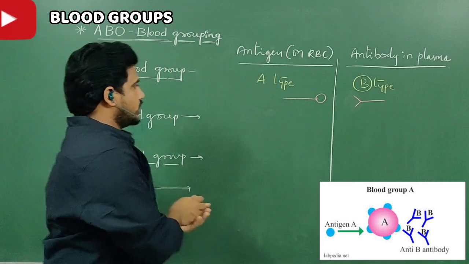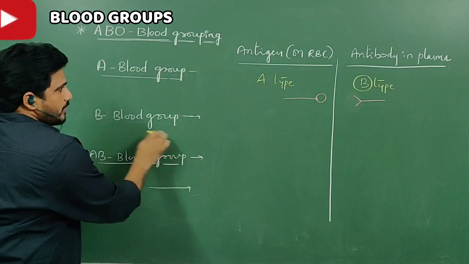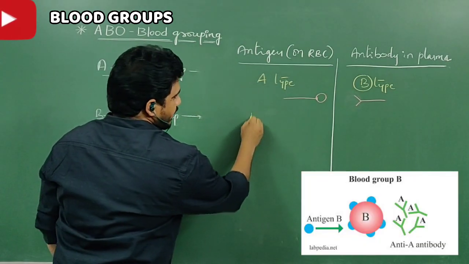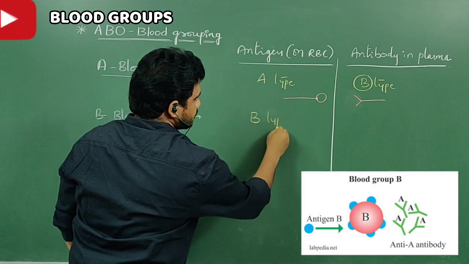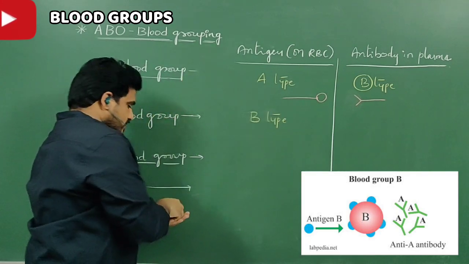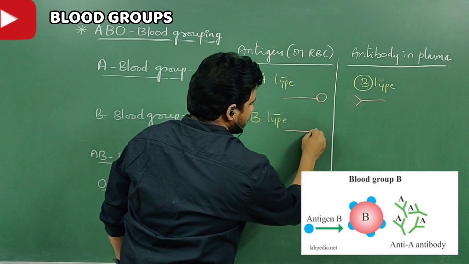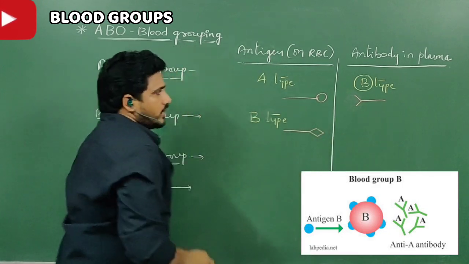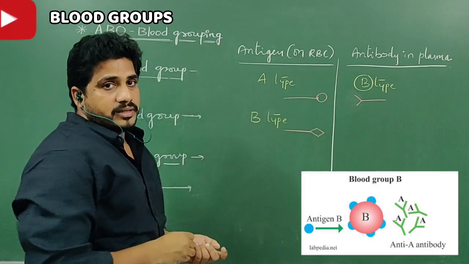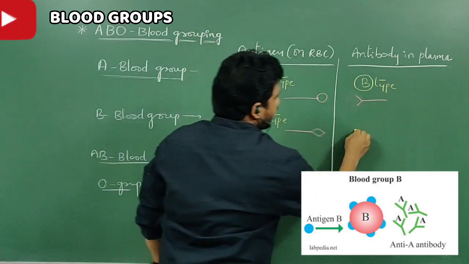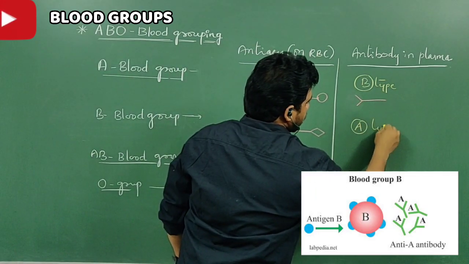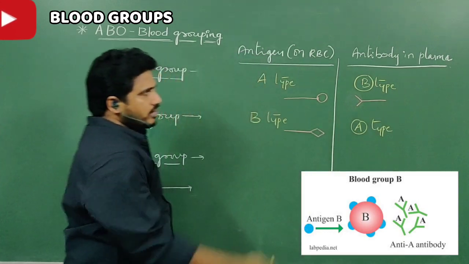Antigen. Now, in the case of a B blood group person, the type of antigen is B type. B type means what type? Like this. And what type of antibodies will be present in the B blood group person? A type. Where do the antibodies exist? In plasma.